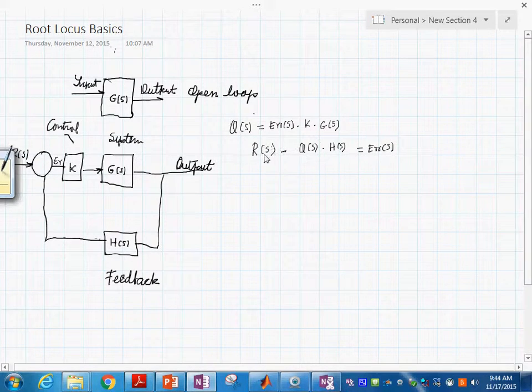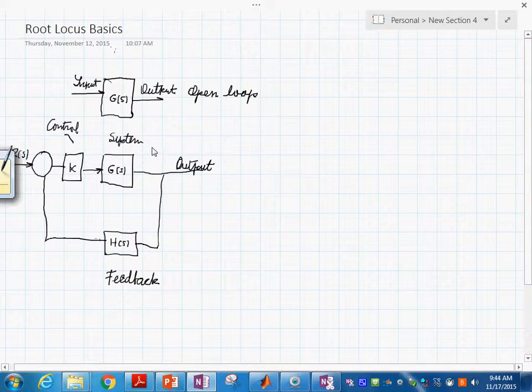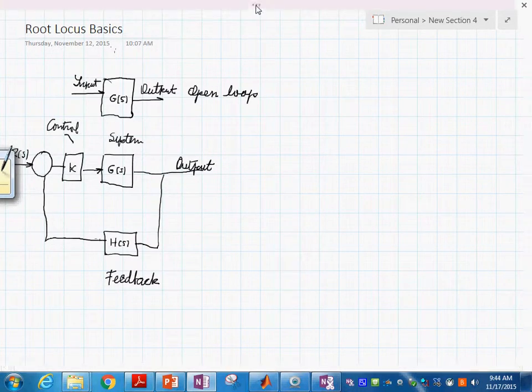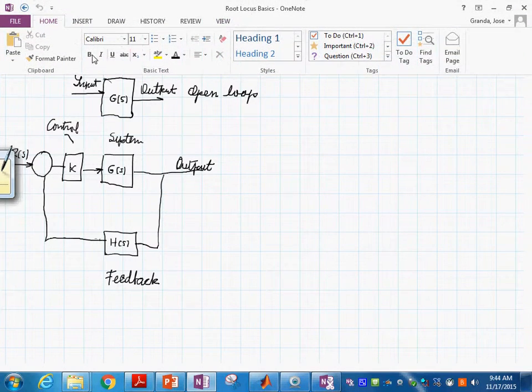And then we have this reference here minus obviously the output of S multiplied by H. That is going to be our error.